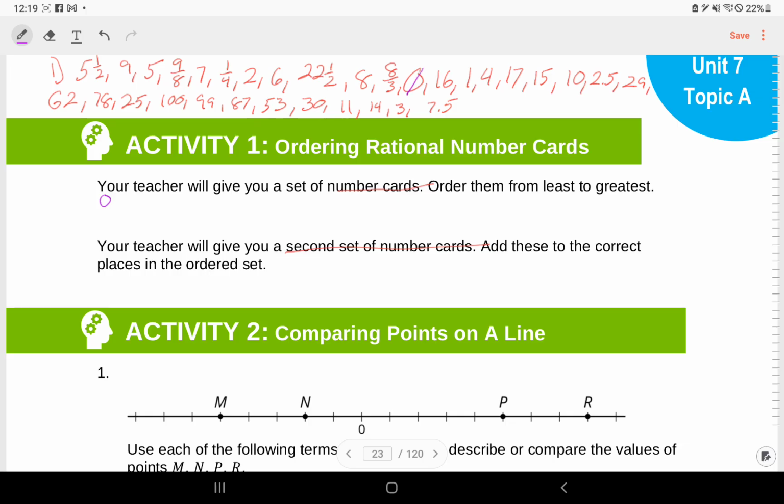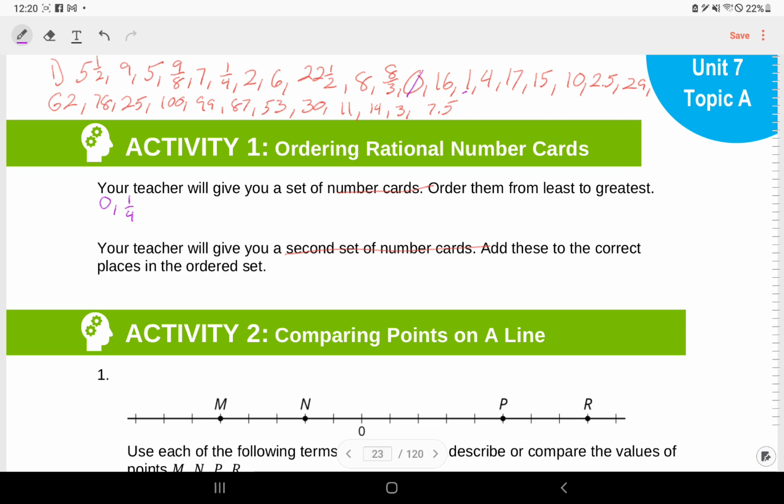And so now we look and see, now we have a 1. Are there any numbers between 0 and 1? Well, we've got a 1/4. Do we have anything else that's between 0 and 1? So I'm scanning.